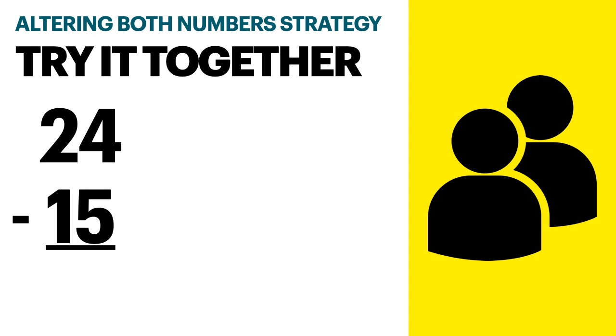Ready for one more? Is this a subtraction problem that requires regrouping? Yes, it is. What makes 10 with this 5? Great, 5. So now I can add 5 to both numbers. What's 24 plus 5?